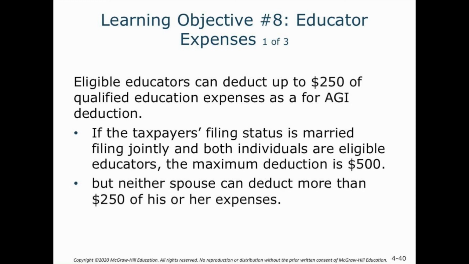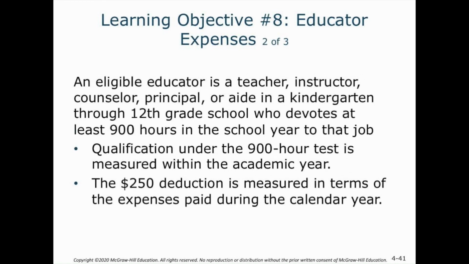So if one spouse has $300 in expenses and one spouse has $200 in expenses that otherwise would ordinarily qualify, even though you're at that maximum deduction of $500, you could only take the $250 plus $200, or $450, for that deduction.